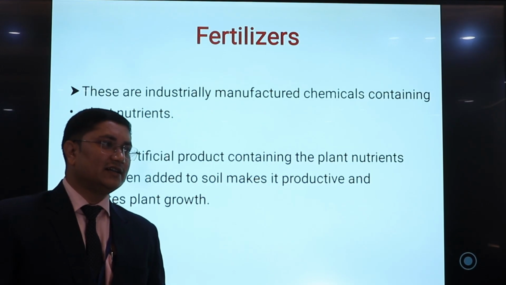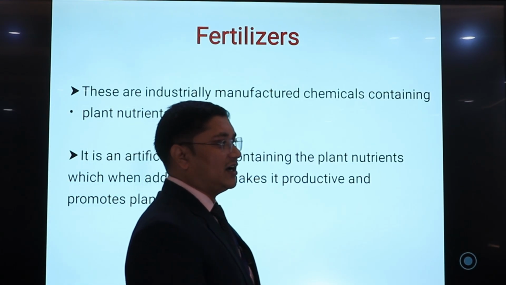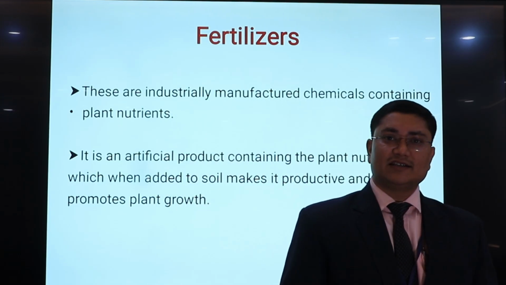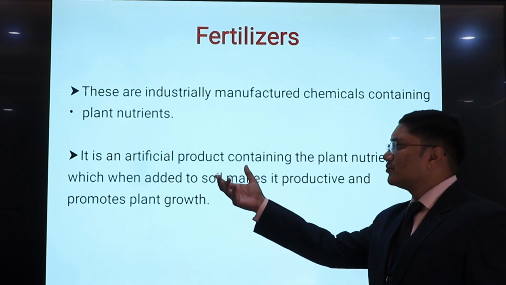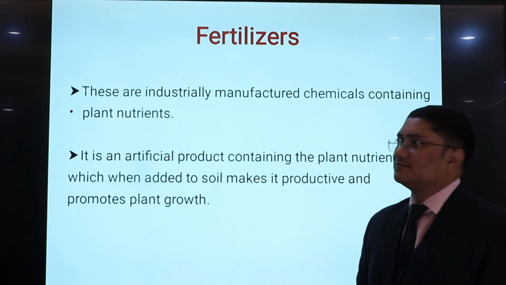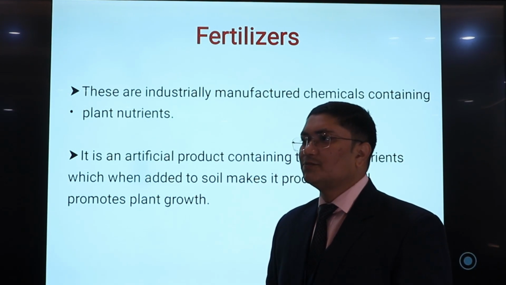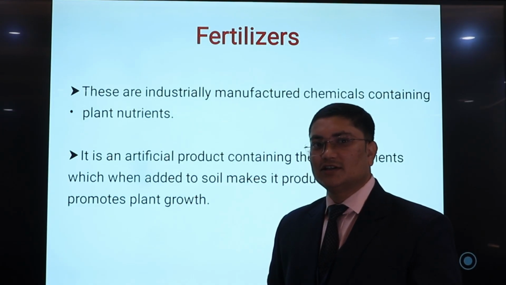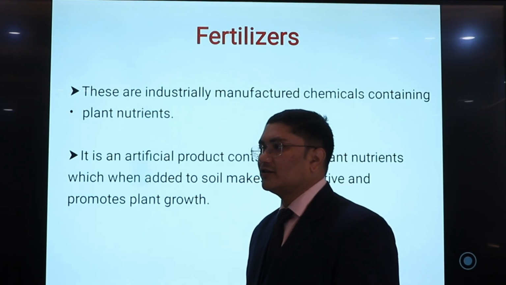And fertilizer is an artificial product made and synthesized by chemicals to provide a main nutrient content to the crop, nutrient-wise, such as nitrogen, phosphorus, potash, or a mixture of fertilizers.